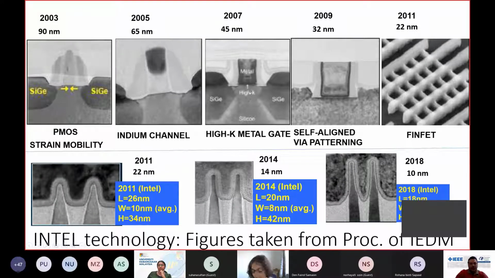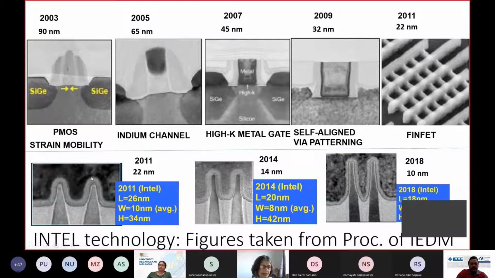And this introduced a lot of problems, including scattering, charge traps, and so on. And we worked with US industry at the time to understand and resolve some of these issues. At the 32 nanometer node in 2009, self-aligned via patterning was introduced. And in 2011, Intel was the first company to move away from the planar geometry and introduce the FinFET.